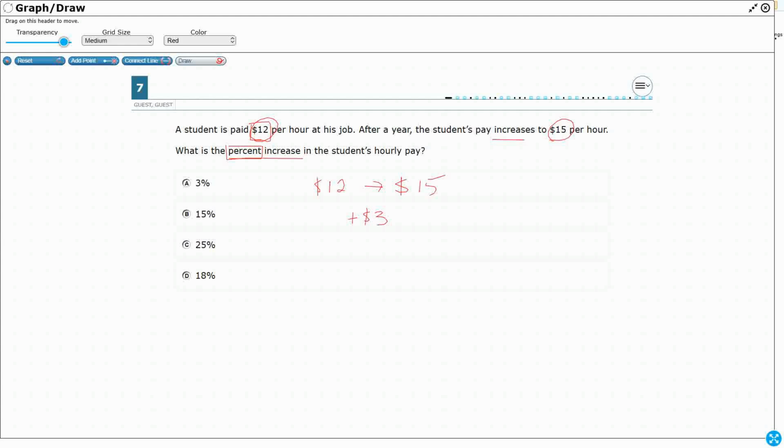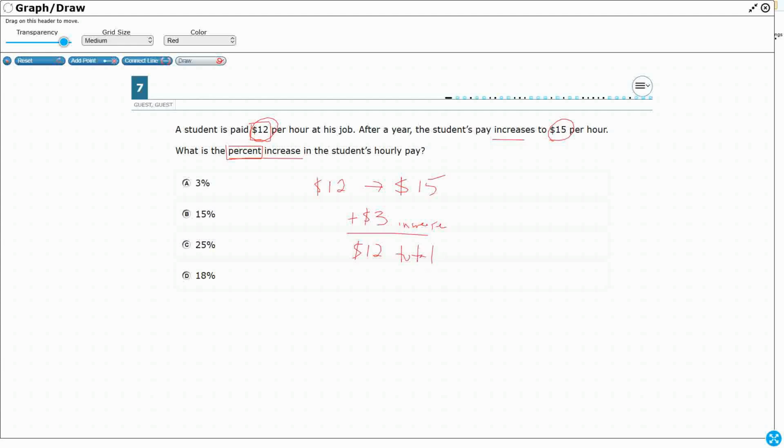So we could solve this multiple ways, okay? So we could say $3, that's the increase, over the $12, and that's the total.